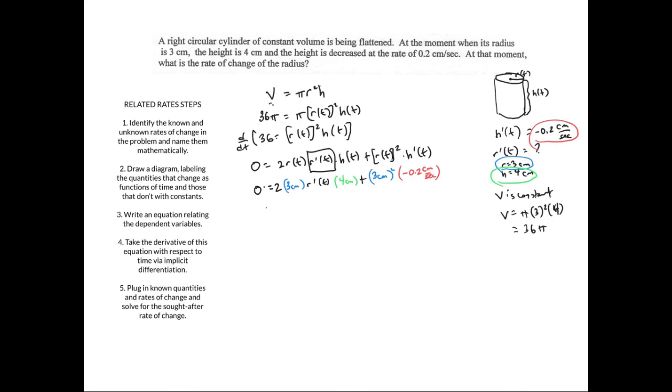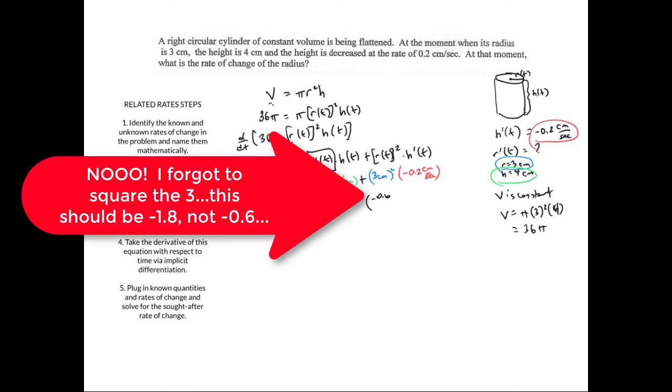So let's see, this would be 24 centimeters squared times r prime of t. This would be negative 0.6 centimeters cubed per second.